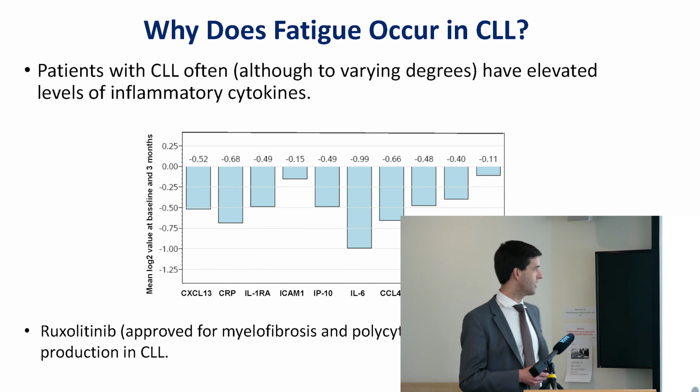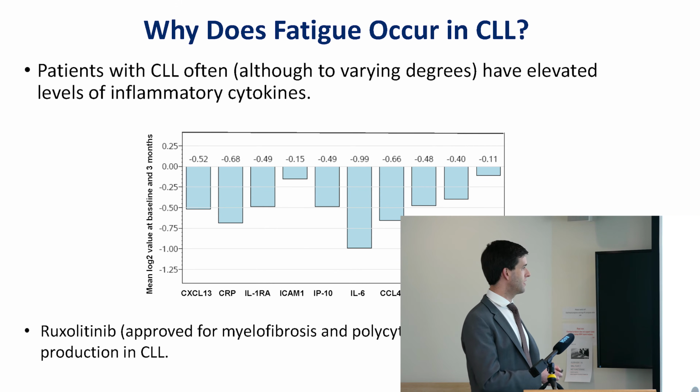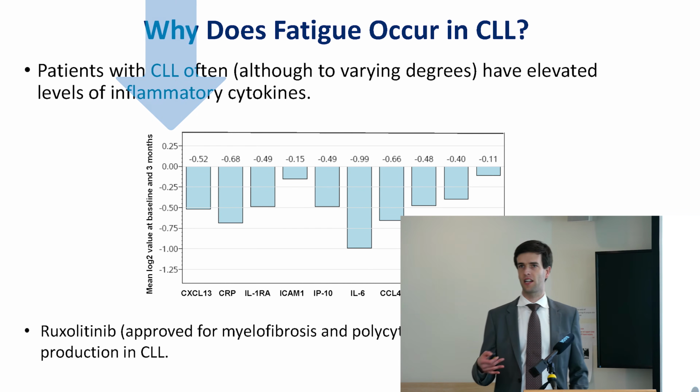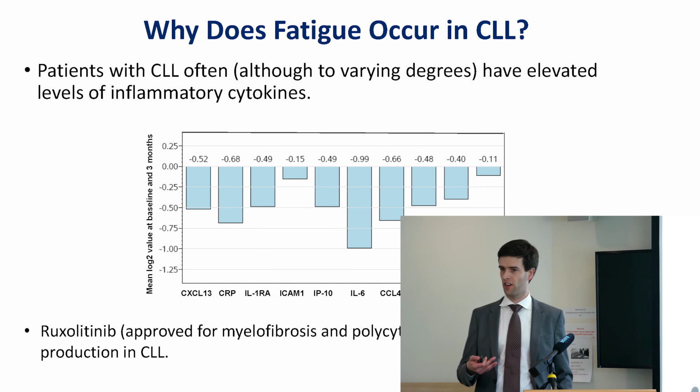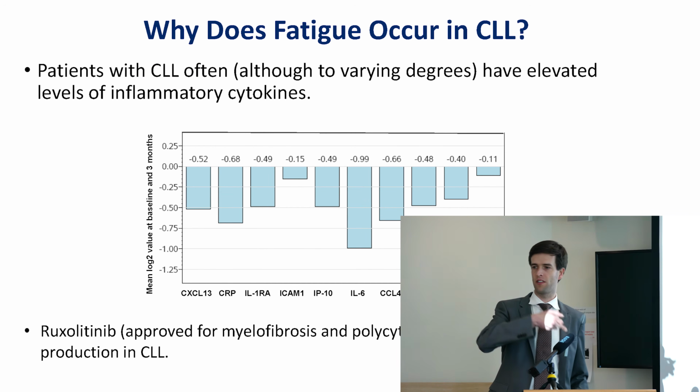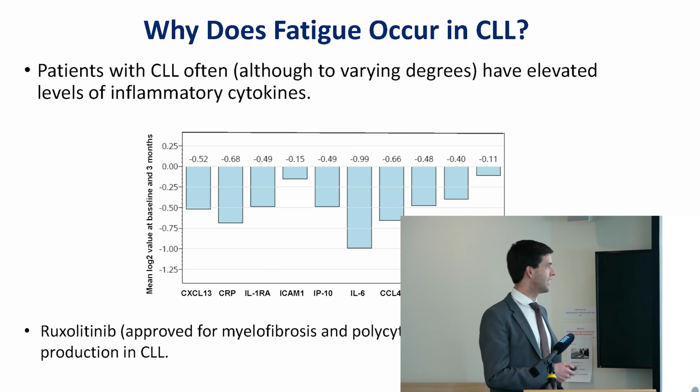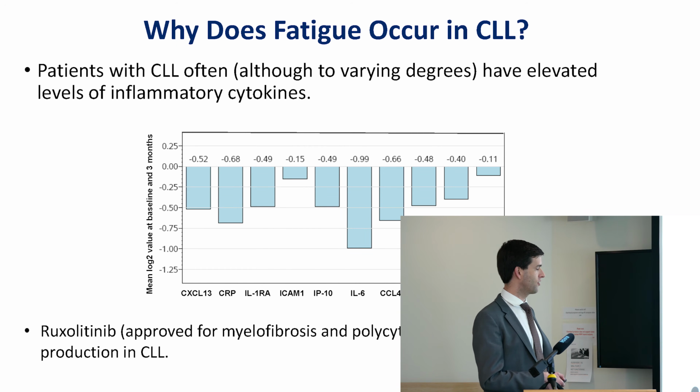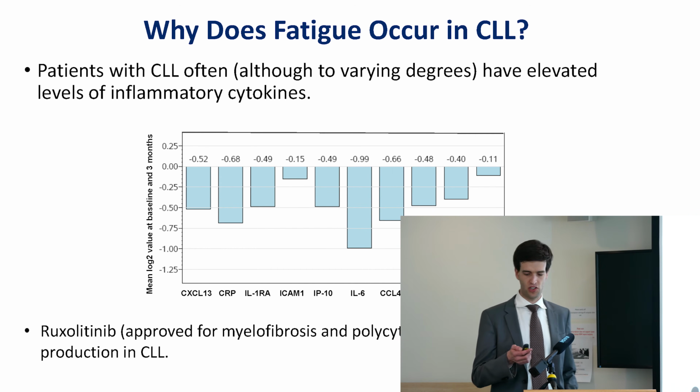So just to orient you, the y-axis here represents an improvement in a standardized symptom questionnaire from before treatment to after treatment. And you can see that in some patients there's a really quite dramatic improvement in symptoms on ruxolitinib. It doesn't work for everyone, and for some people it's a relatively modest improvement. But certainly in some patients there was quite marked benefit from this treatment.